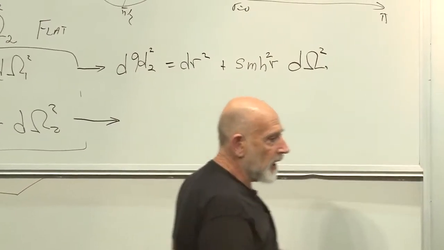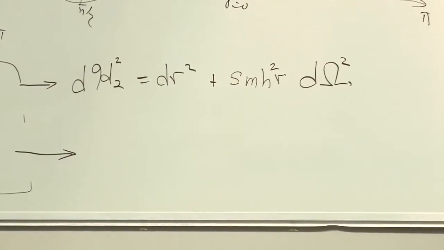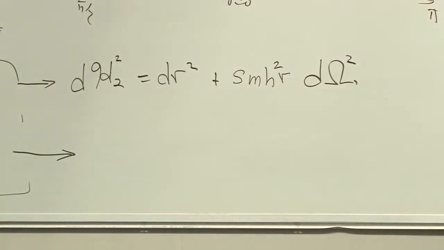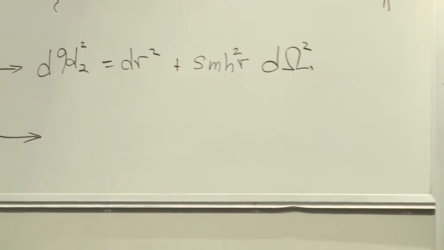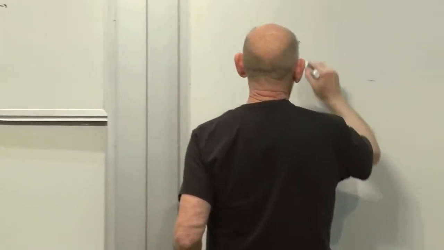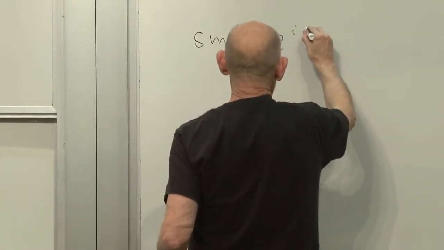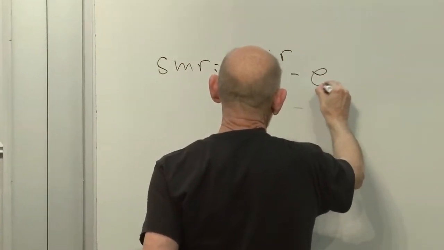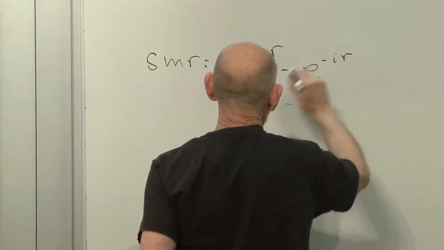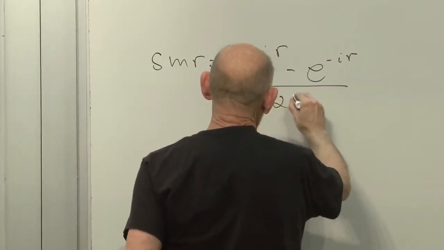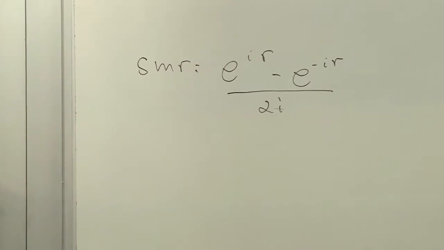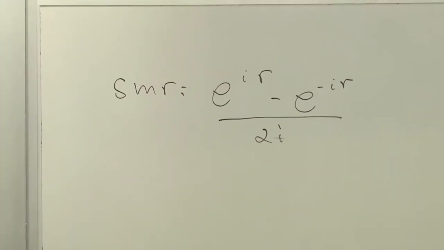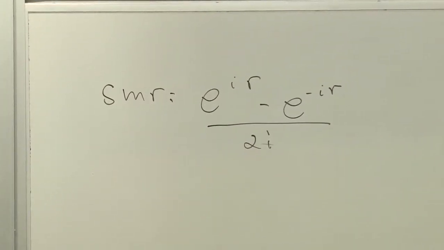Let me remind you what the hyperbolic sine is. Well, first let me remind you about ordinary sine. Sine of r is equal to e to the ir minus e to the minus ir divided by 2i. Everybody know that formula? That's the formula for sine in terms of complex exponentials.